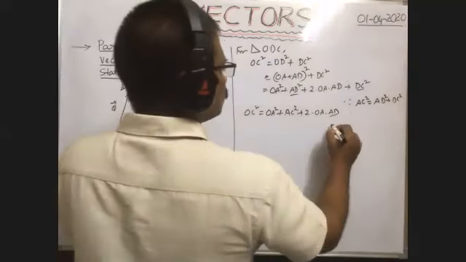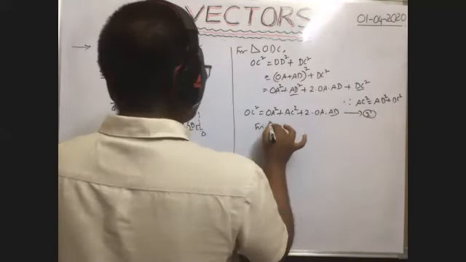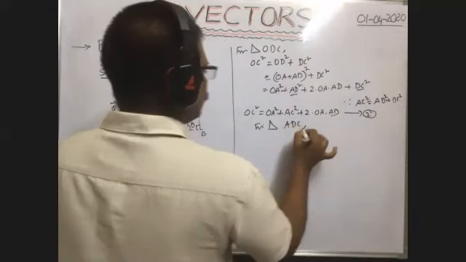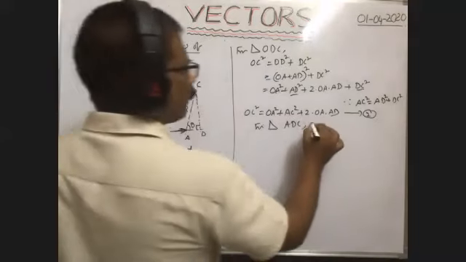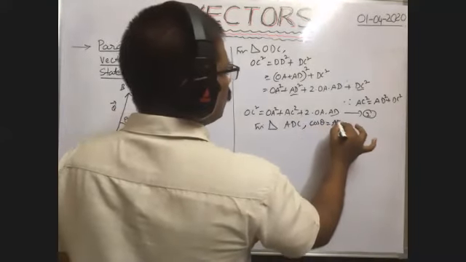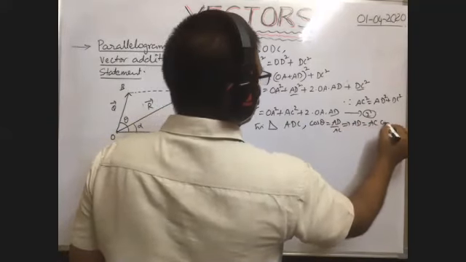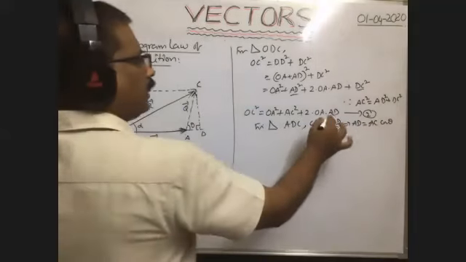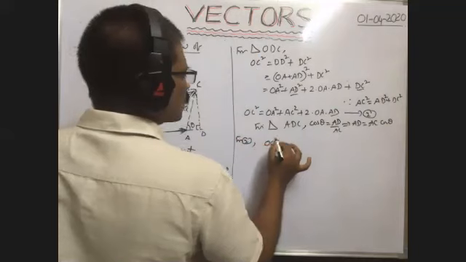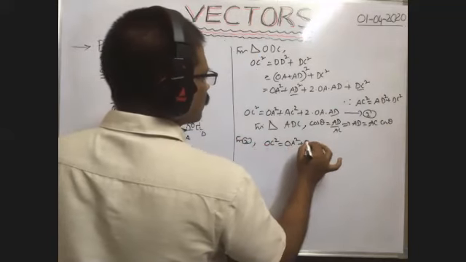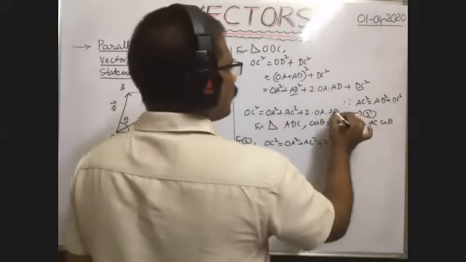From right angle triangle ADC, cos theta is equal to AD by AC, which implies AD is equal to AC cos theta. Instead of AD here, you substitute AC cos theta. Therefore, from equation 2, OC square is equal to OA square plus AC square plus 2 into OA into AC cos theta.